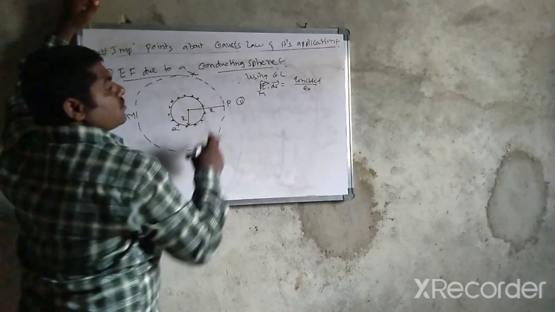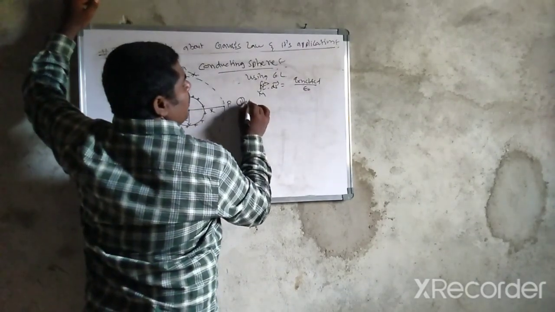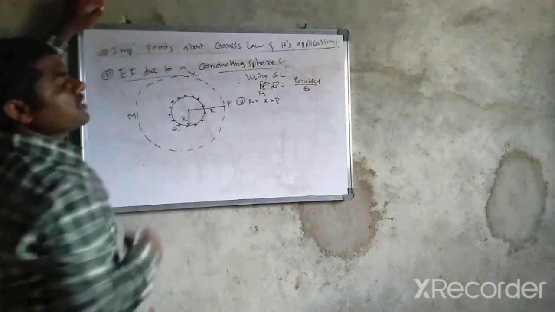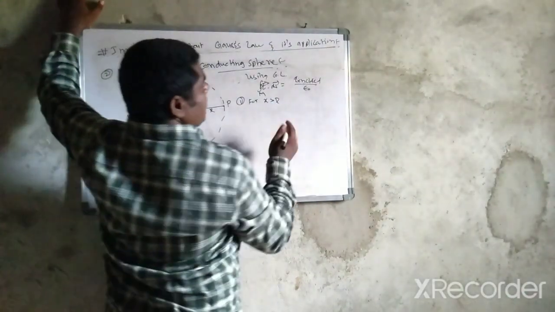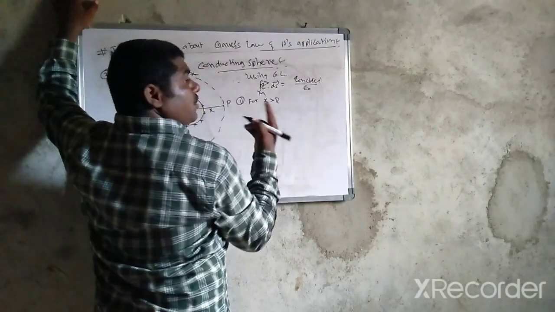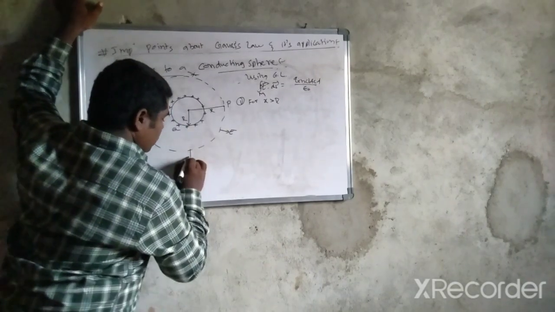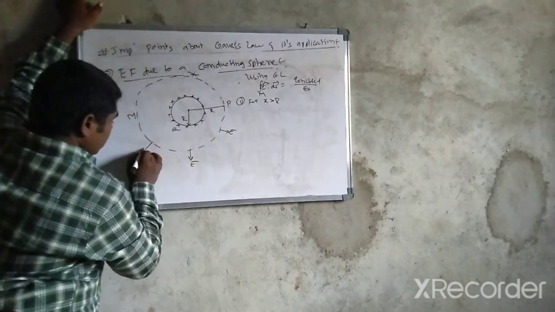In the first case, for X bigger than capital R, means outside the conducting sphere, the electric field is uniform over the Gaussian surface.